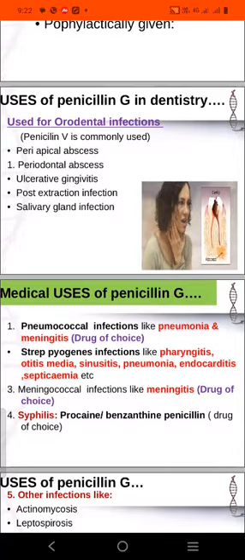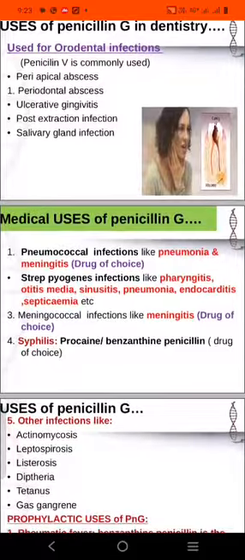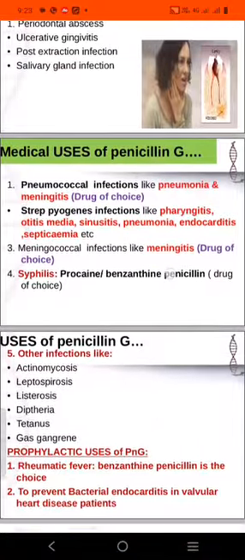Then other medical uses: it is the drug of choice for pneumococcal infections like pneumonia and meningitis. Then streptococcus pyogenes infections like pharyngitis, otitis media, sinusitis, pneumonia, endocarditis, septicemia, etc. For meningococcal infections like meningitis it is the drug of choice, and for syphilis, procaine or benzathine penicillin is the drug of choice.